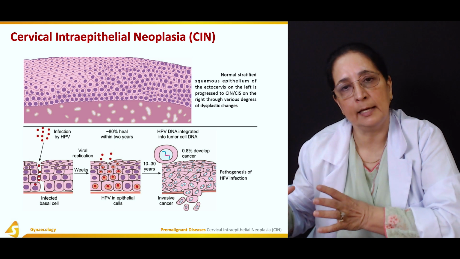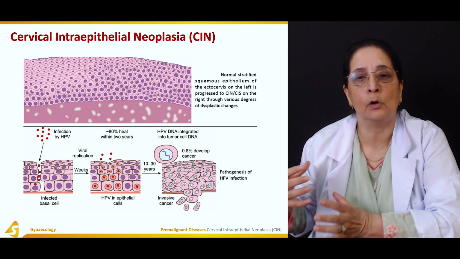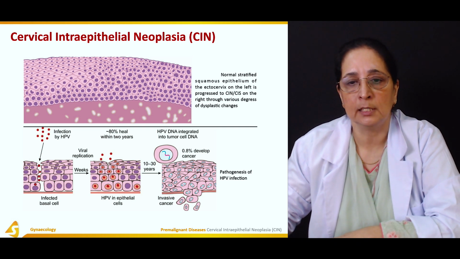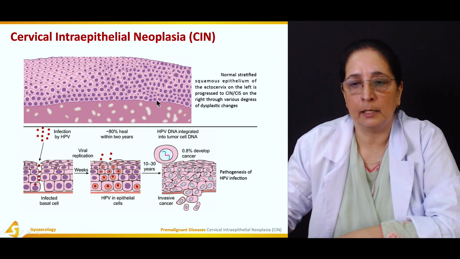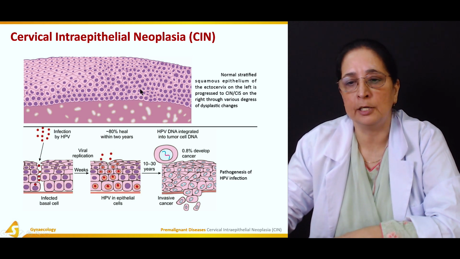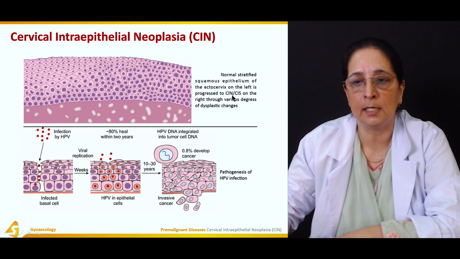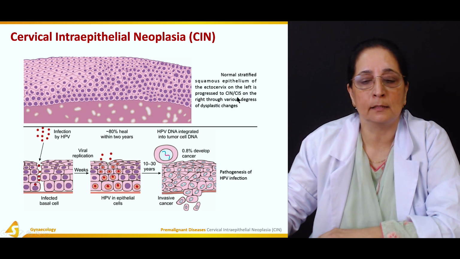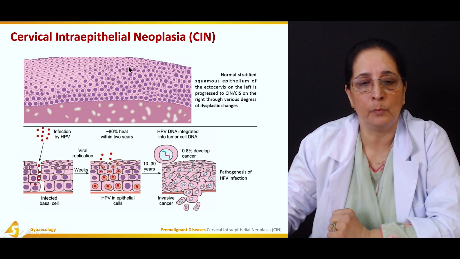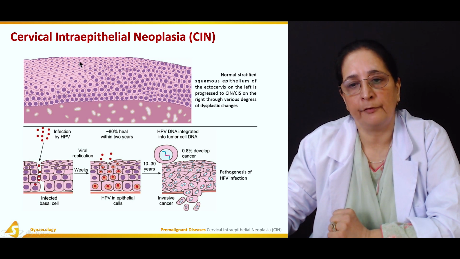When it progresses to abnormal growth, this can lead to the carcinoma of cervical intraepithelial neoplasia, and CIS is carcinoma in situ, through the various degrees of dysplastic changes. So normal squamous epithelium, and then you see different dysplastic changes slowly.